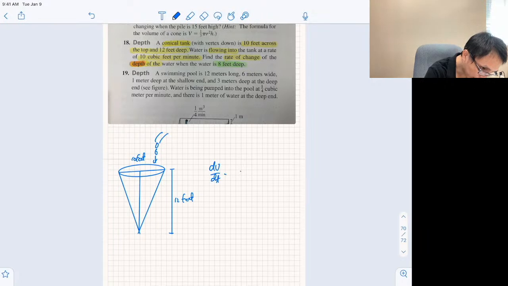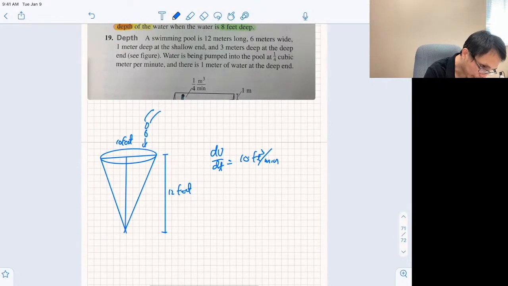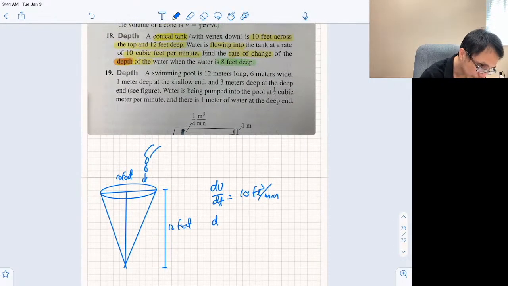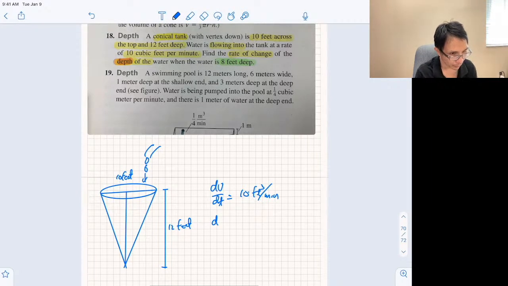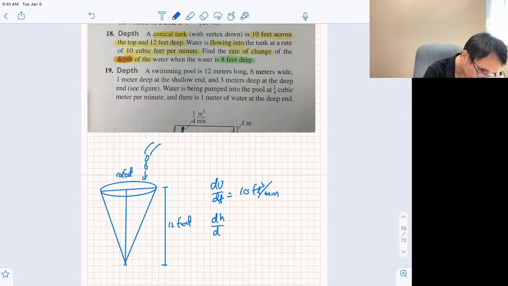dV/dt is equal to what? 10 cubic feet per minute. Okay, that's understandable. And what are you looking for? What's the rate of change of depth? dH/dt, right?